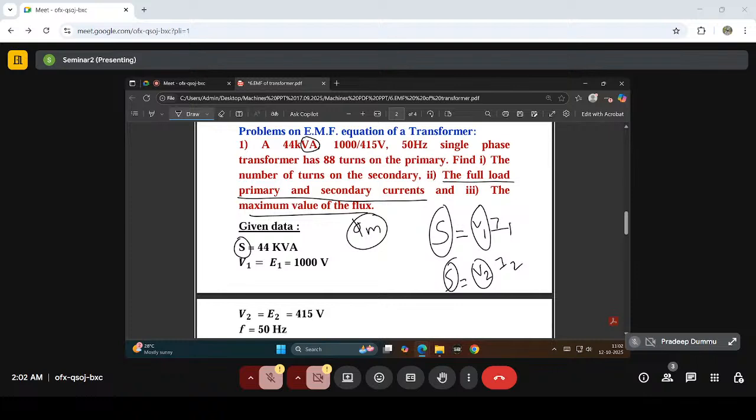Apply the formula. Third one, apply the formula. E1 is equal to 4.44 into F into N1 into phi m. You know F, you know N1, you know E1.